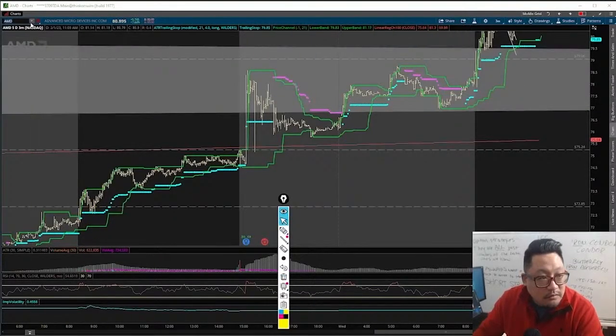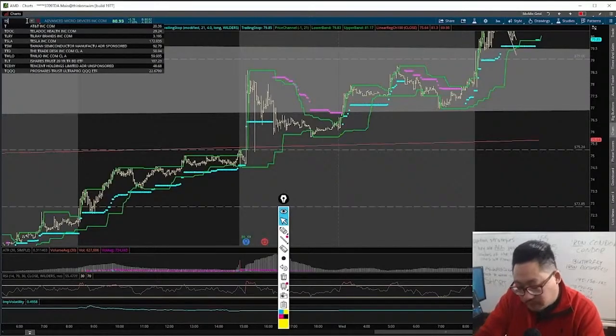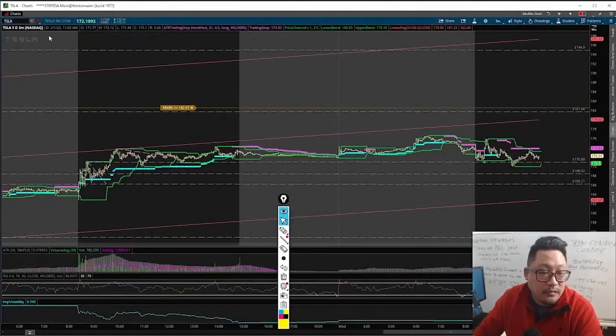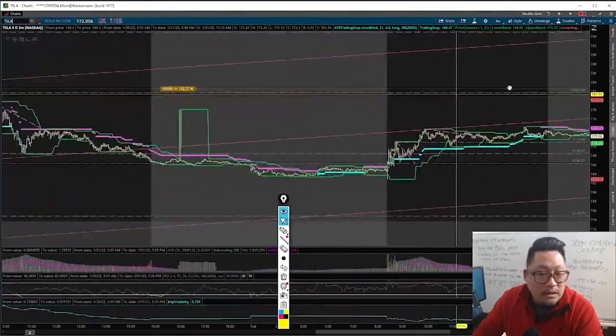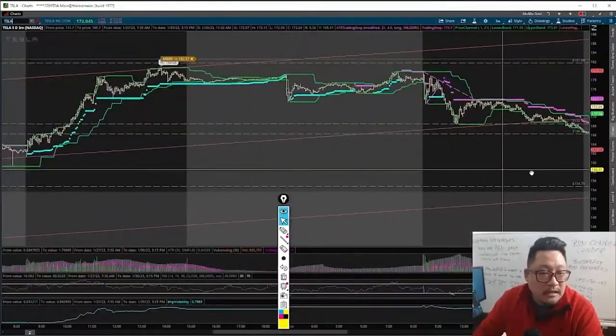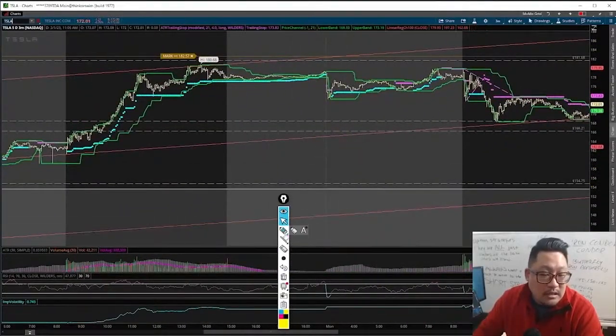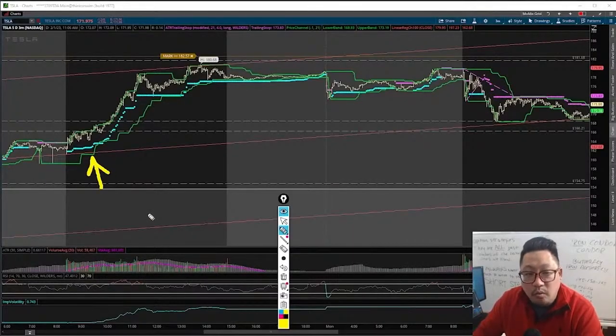Let's look at the recent run-up in Tesla here, both up and down. So we have seen the utility in Tesla play in different ways. Tesla, just a few days ago, made a substantial run, basically running from $165 to $180 in one day. Now, knowing your upside targets, that's up to another lesson.